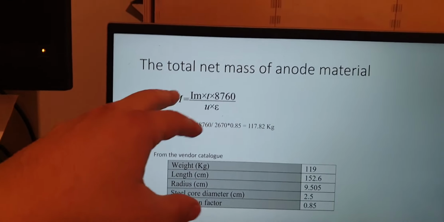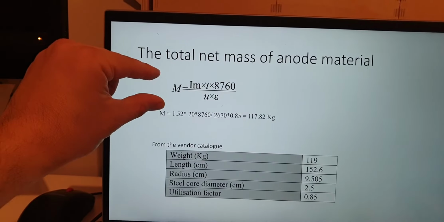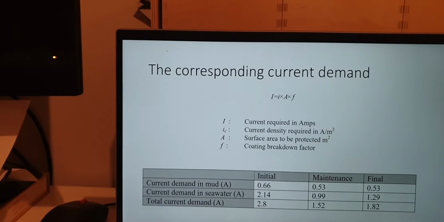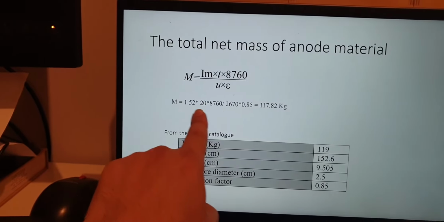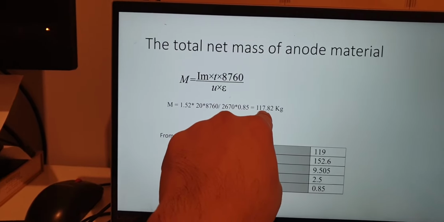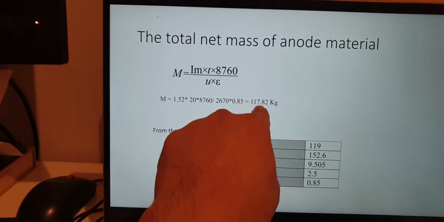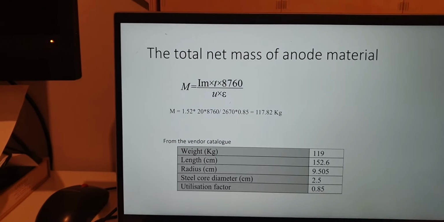So basically what happened is you need to calculate the mass of the anode to provide this corresponding current demand. When you calculate this, you will realize that you will need an anode with a weight of 117 kilograms.